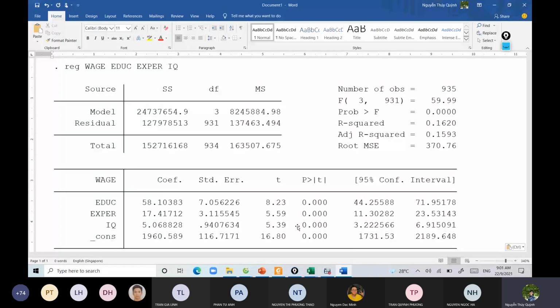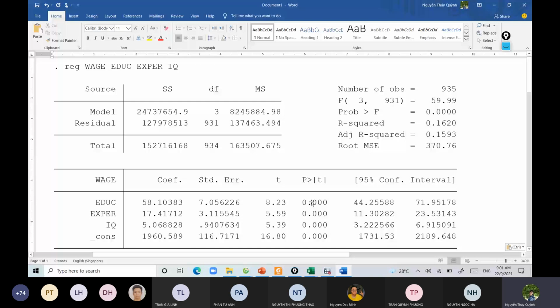If we want to know whether education has an individual effect on wage or not, you just have to look at the p-value here. The p-value here is very, very small, less than 0.01.